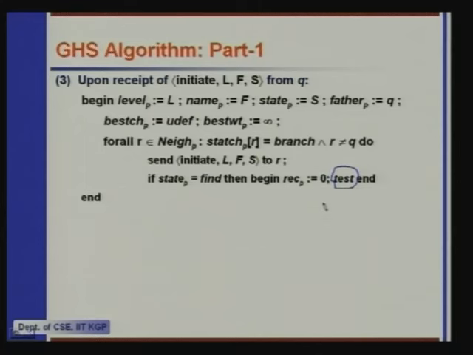So, what we have understood here is that by some mechanism a fragment determines its least cost outgoing edge, that mechanism is the test mechanism which we are going to see now. After it determines that, a connect message is sent. When the connect message is sent, the node P on the other side examines if the connect message is from a smaller fragment.